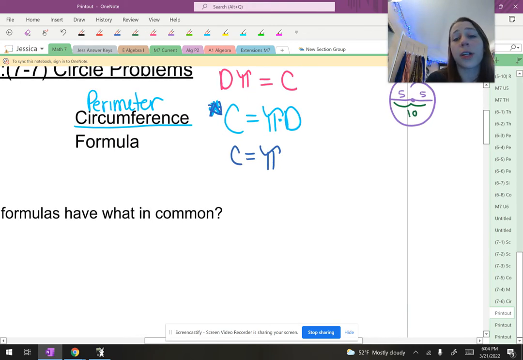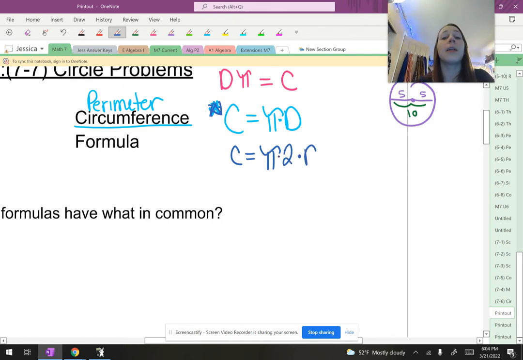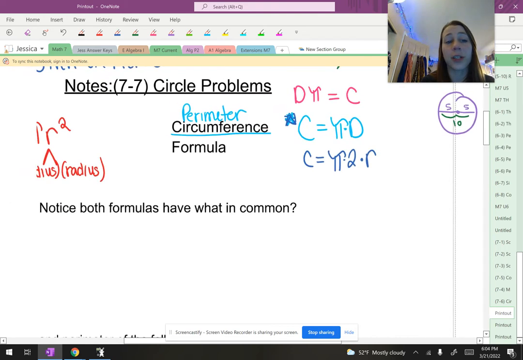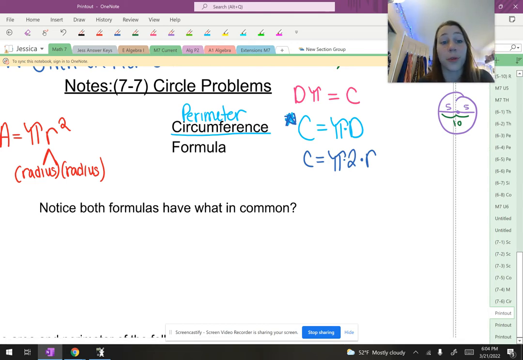So instead of writing diameter, I can turn that into 2 times radius. Now, noticing here that I do have 2r, 2 times radius, and not radius times radius, like I do with radius squared. That's why it's super important to make sure your handwriting is legible and that you can read your own writing, most importantly.